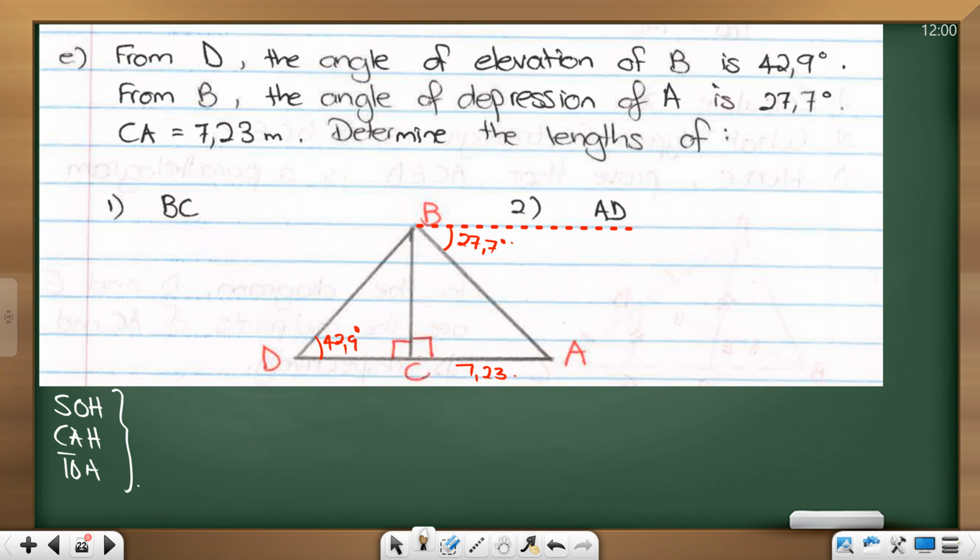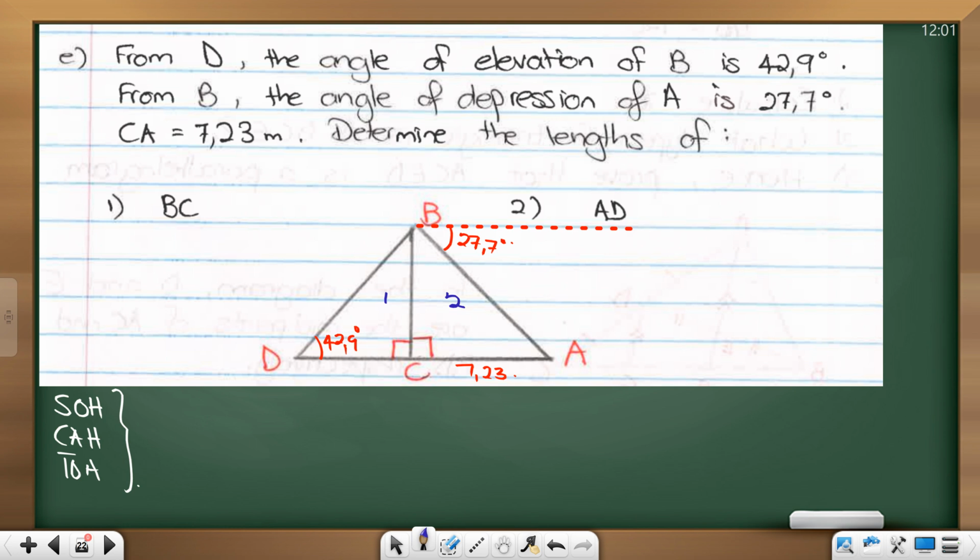I'm looking for BC. Let's call this triangle 1 and triangle 2. What triangle do you think we should use? Triangle 2. We could use any though. Right, you're right.